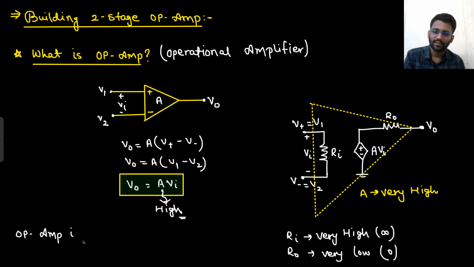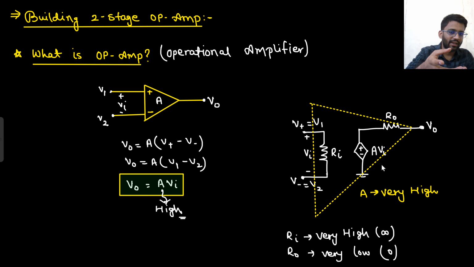We will repeat the definition when we study the op-amp as a black box. So in an op-amp you have a voltage controlled voltage source with high input impedance and low output impedance. That's it.